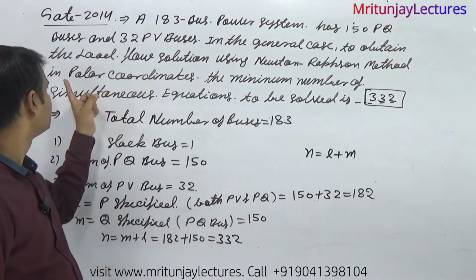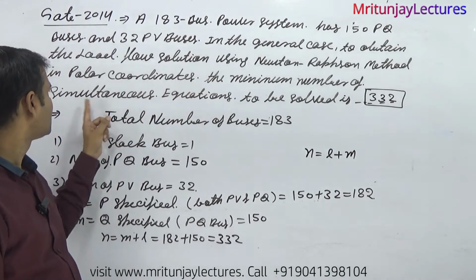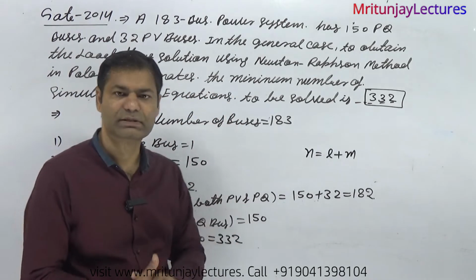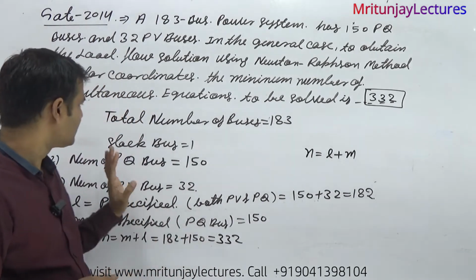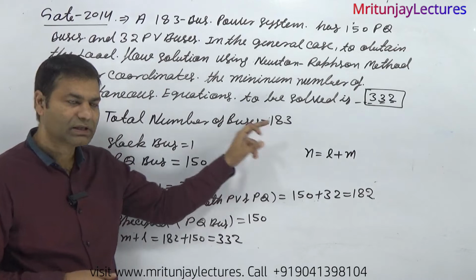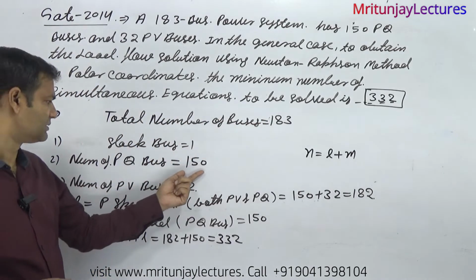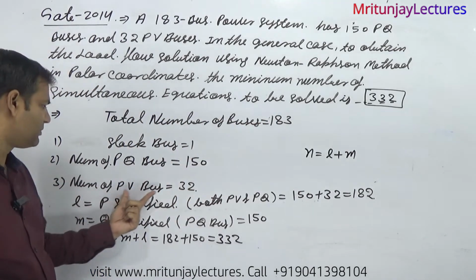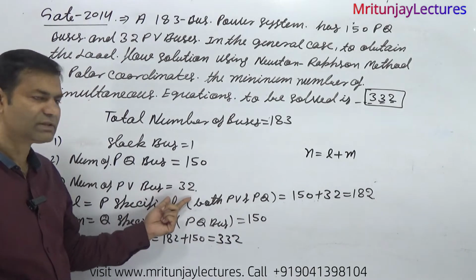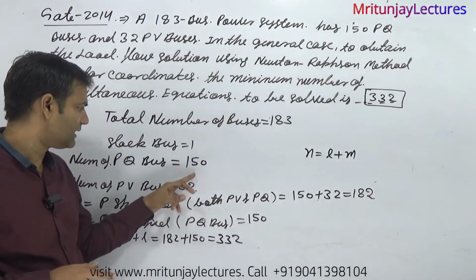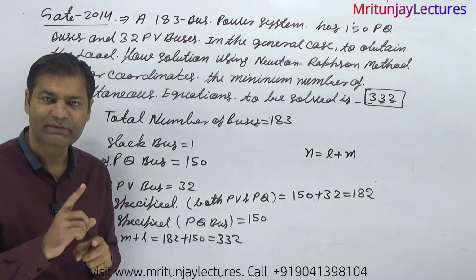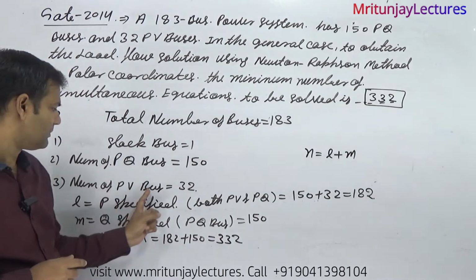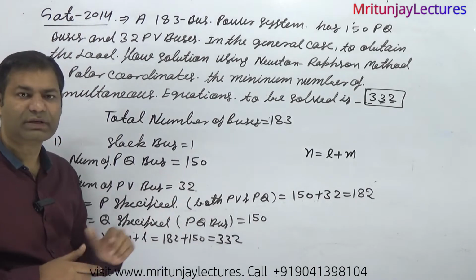Using the Newton Raphson method in polar coordinates, the minimum number of simultaneous equations to be solved is what we need to determine, that is n. Adding these, the remaining one is the slack bus.